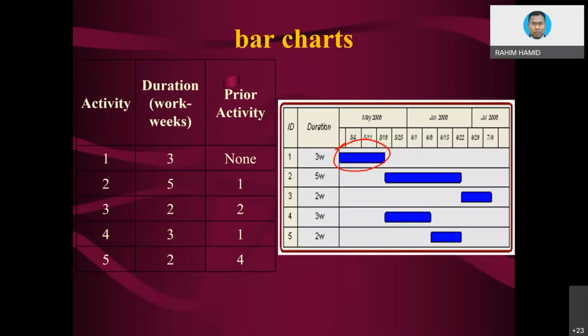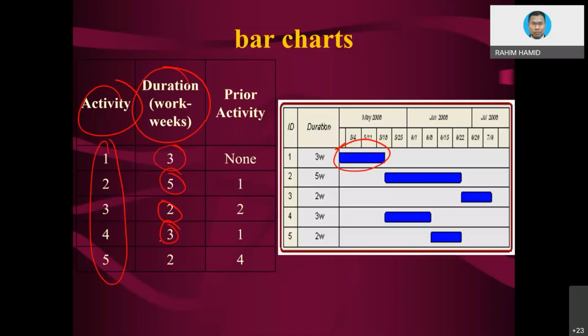You list out the activities by proper name, then the activity duration, which you can calculate, and then the logic between one activity and another. Then you simply draw the bar, reflecting the start and the end of the activity, the period, and so on.